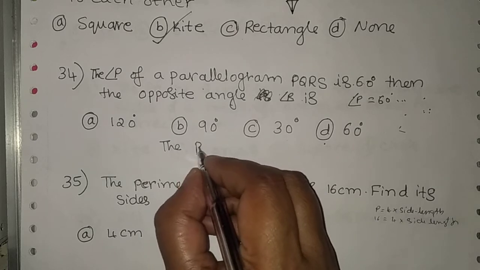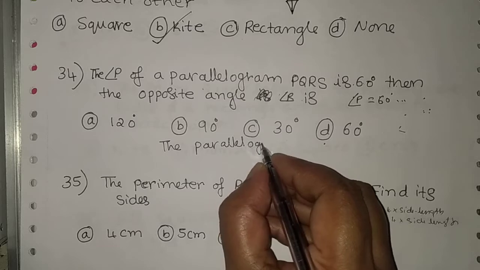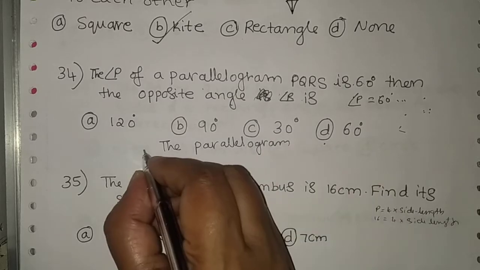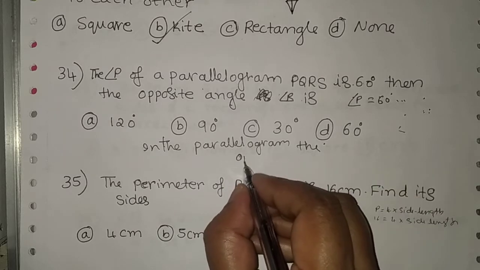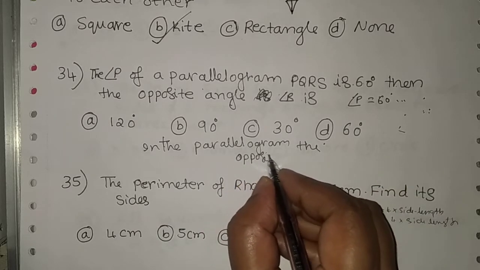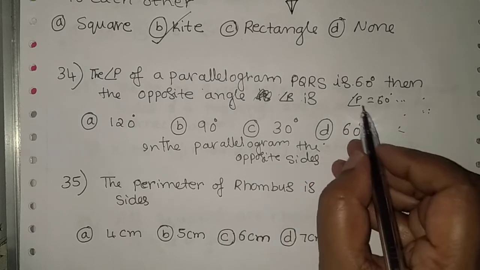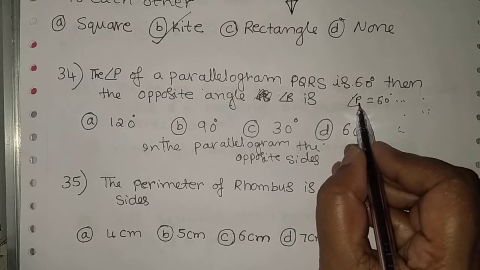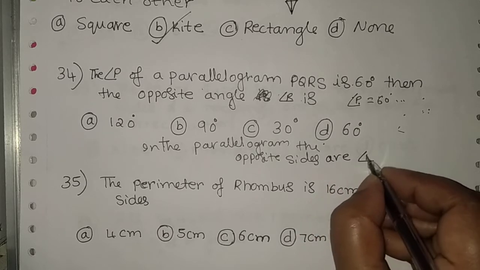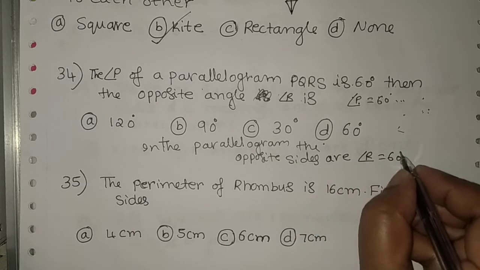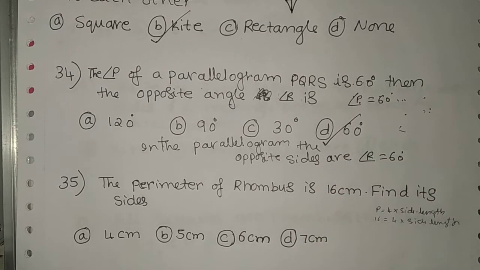In a parallelogram, the opposite angles are equal. So the answer is, since P is 60, angle R will be 60 degrees. So which option? 60 degrees is the correct answer.